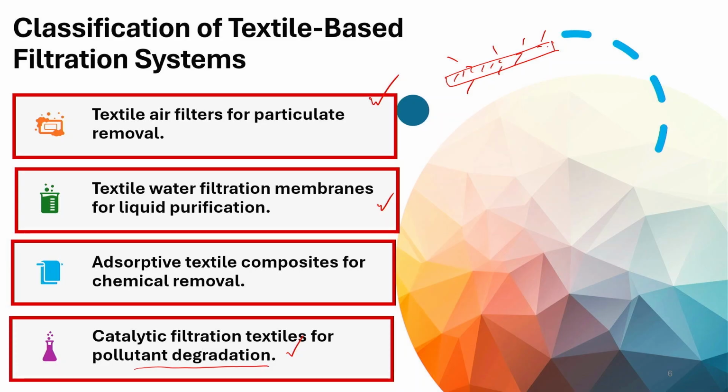So, it is catalytic filtration, but the mechanisms of all these four are entirely different. Okay. That we will discuss, particularly air and water pollution, in detail, what the different types of mechanisms are.